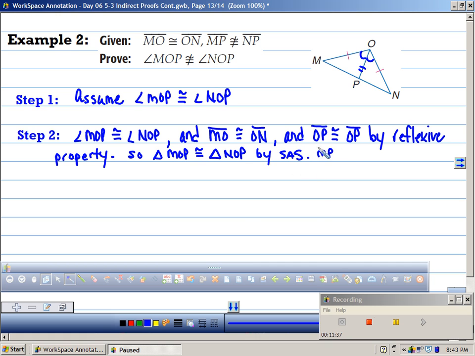Now I can say MP is congruent with NP because corresponding parts of congruent triangles are congruent.